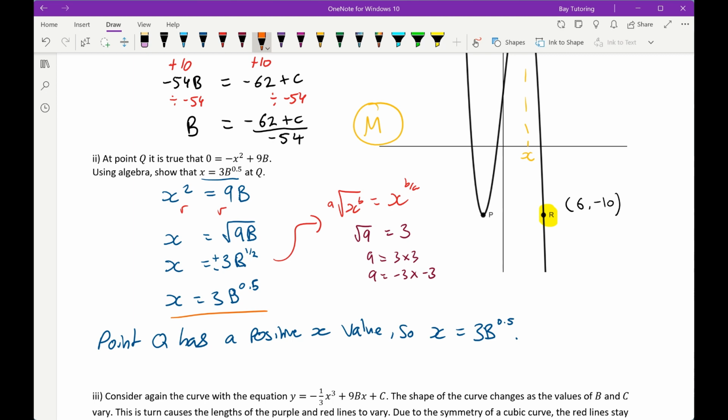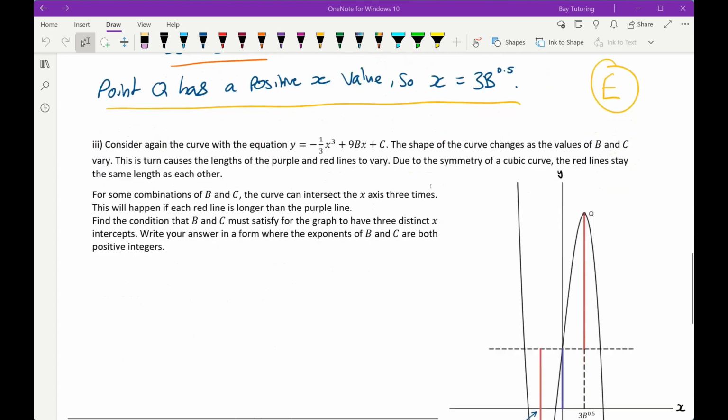For merit, you have given the positive and negative solutions, but you haven't discounted the negative solution. To get excellence, you have done the correct working, you've got the correct answer, and you have got this sentence that I've just underlined in yellow. That's what you need for excellence: explaining why you've gone for the positive solution and ignored the negative solution.